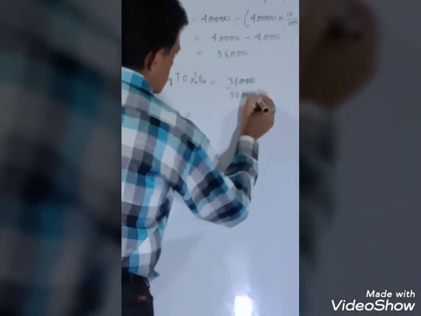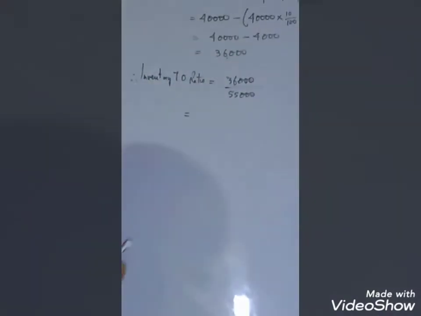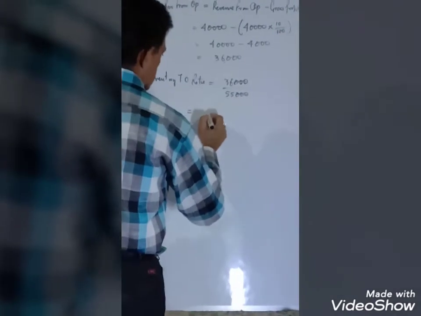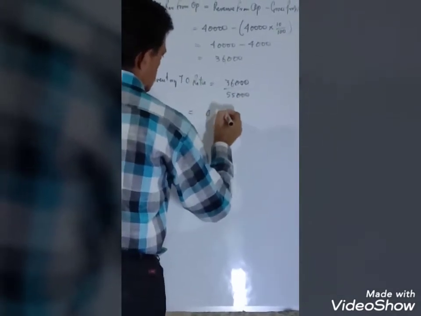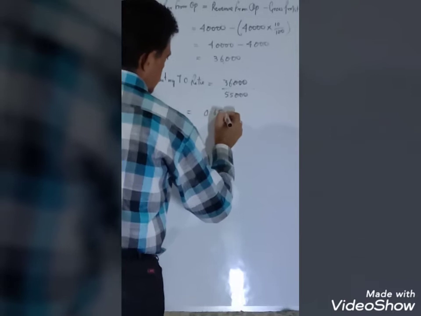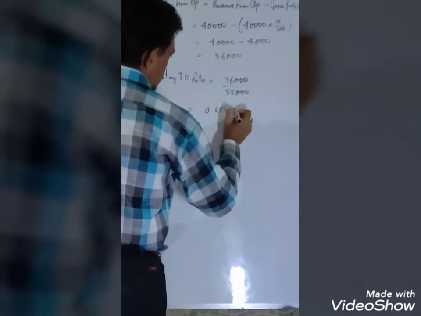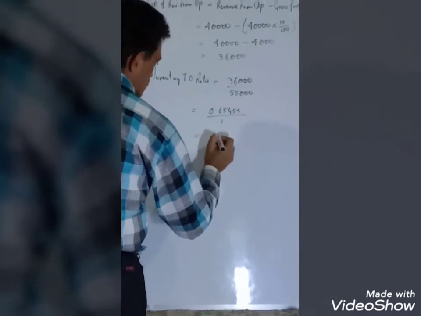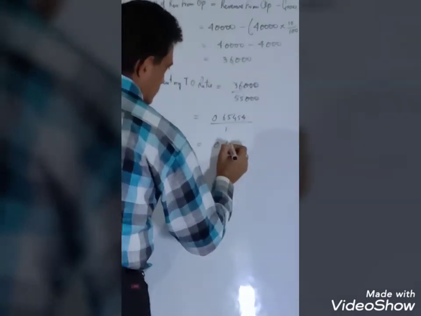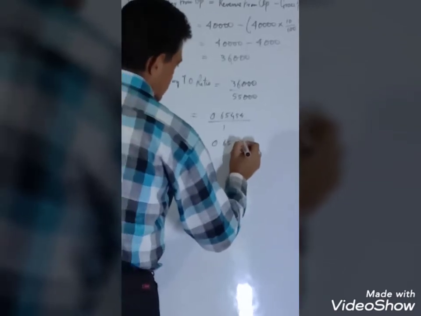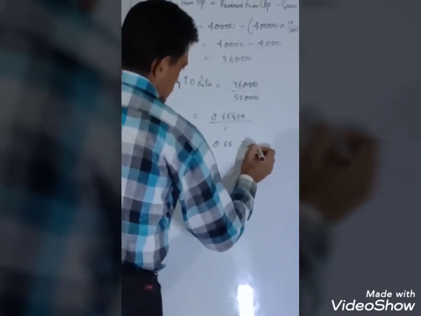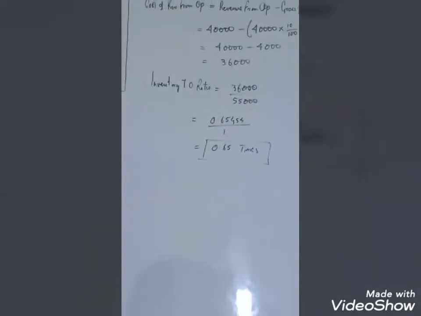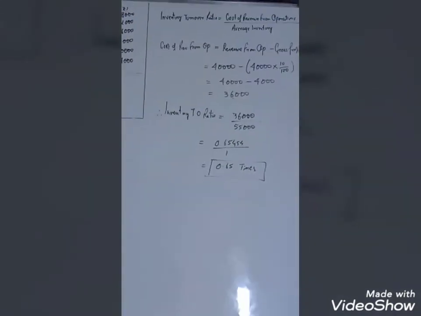Now 36 divided by 55 will be 0.6545, and it will go on like this. So it is 0.65 times. This is the answer, 0.65 times.